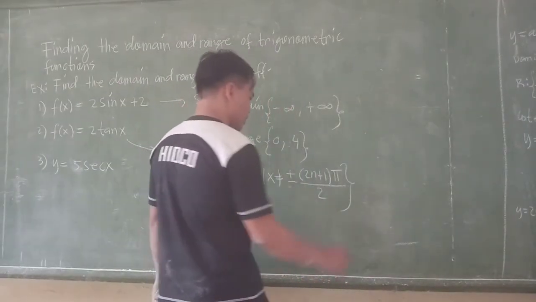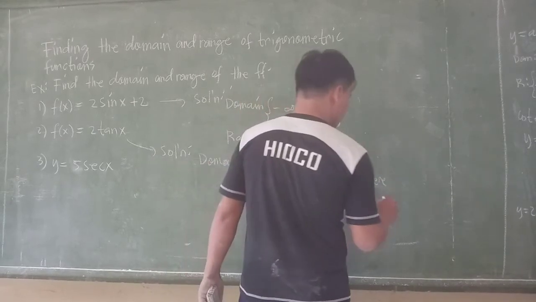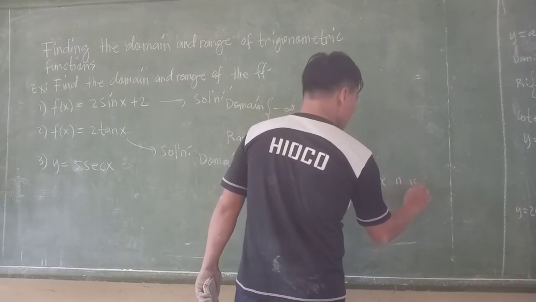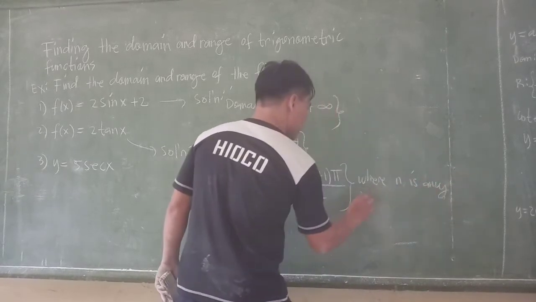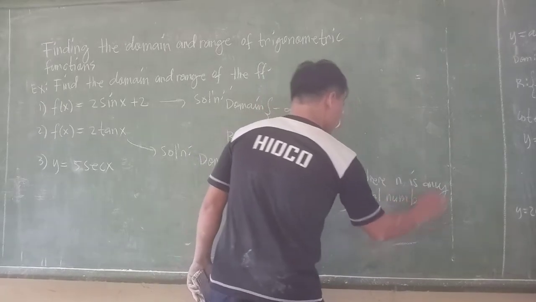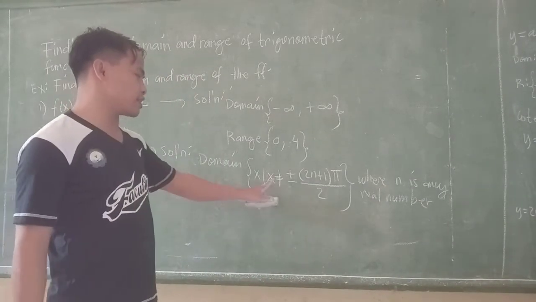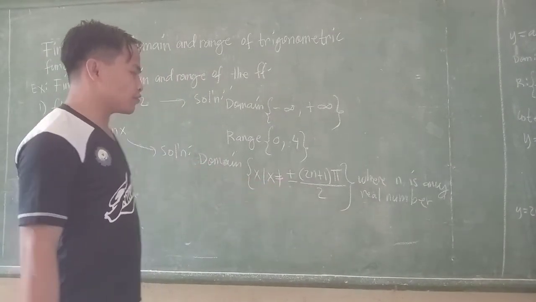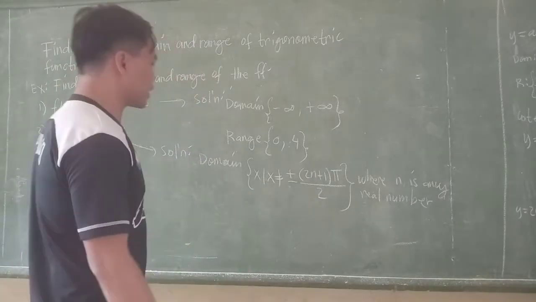where n is any real number. So, the set of all x such that x is not equal to plus or minus 2n plus 1 over 2 times pi, where n is any real number.